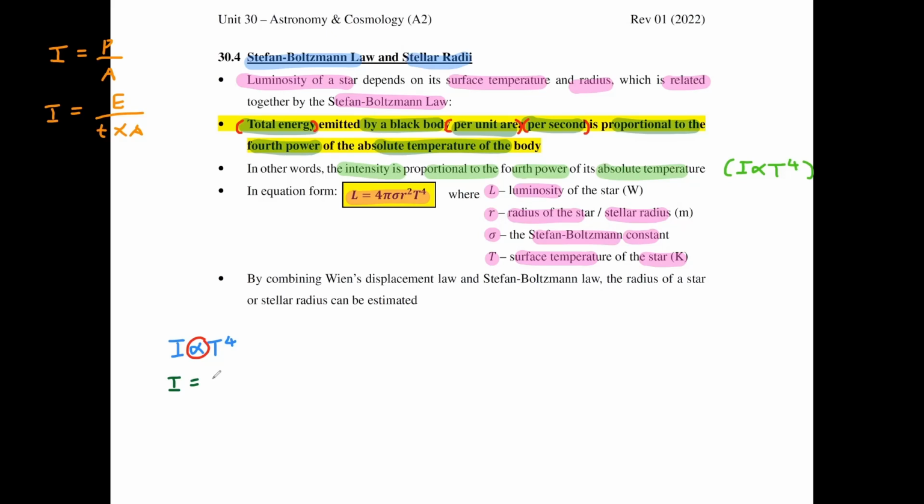That constant is your Stefan-Boltzmann constant, sigma. So from here, you then try to substitute out your intensity here. Okay, so intensity, as I mentioned earlier, is actually your radiant flux intensity. So radiant flux intensity is L over 4 pi d squared.